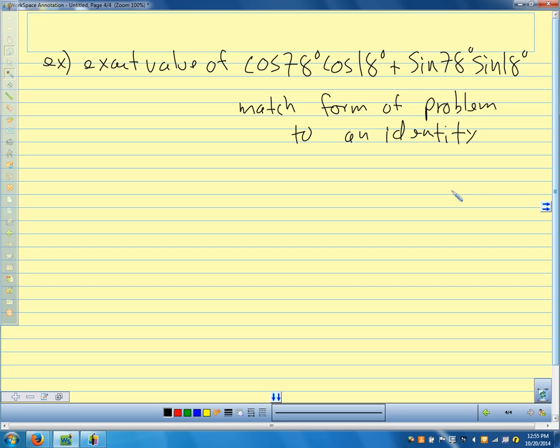So what identity has a cosine and a cosine plus a sine and a sine? Yes. Cosine u minus v. This matches the form of cosine u minus v. So this is going to be the cosine of 78 minus 18, which is the cosine of 60.